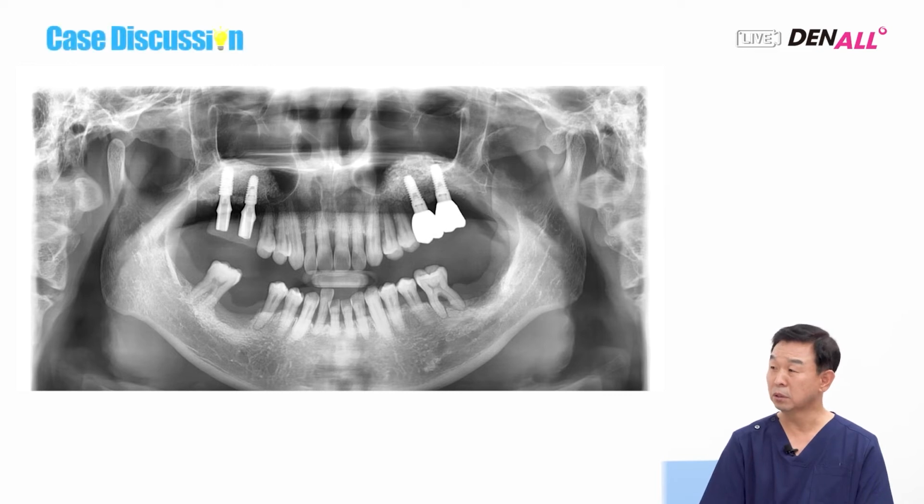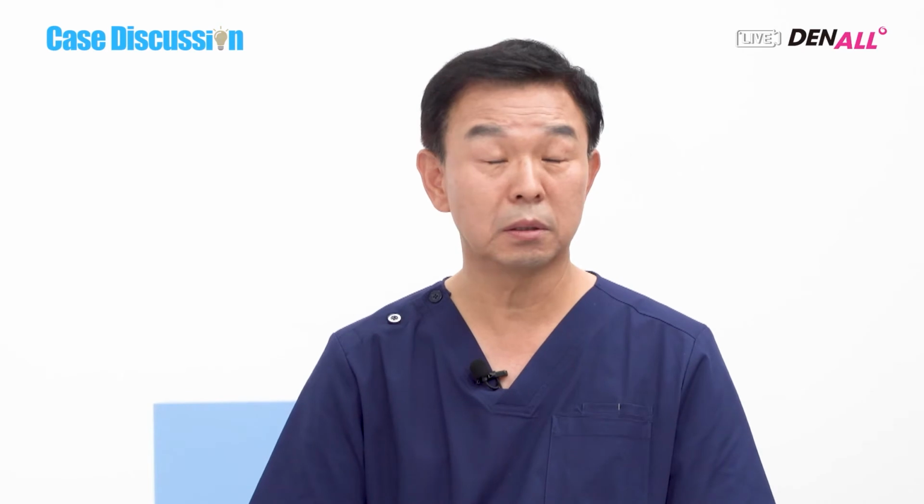First, GBR can be done to grow bone sufficiently to place implants, or GBR can be done simultaneously with implant placement, or short implants can be placed at the bone level.